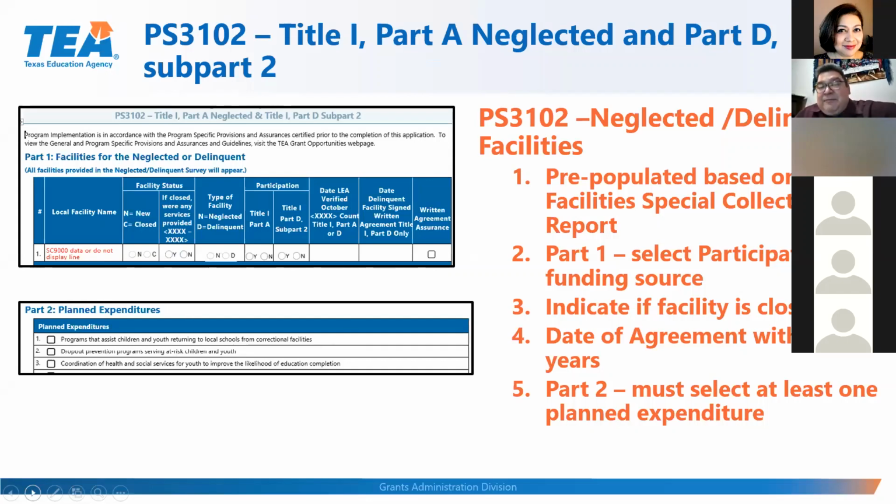It shows up on everyone in case, after your special collection report was submitted, you had a neglected or delinquent facility that opened up. You can always add new facilities. So if you completed that special collections report, the facilities will automatically pre-populate on this in Part 1B.